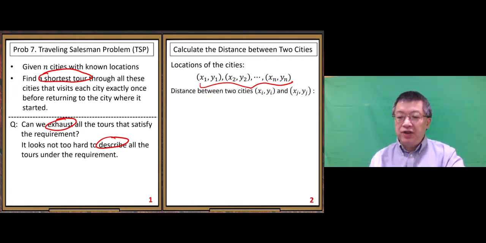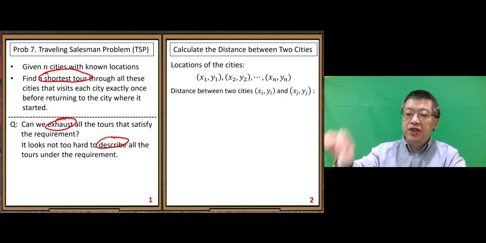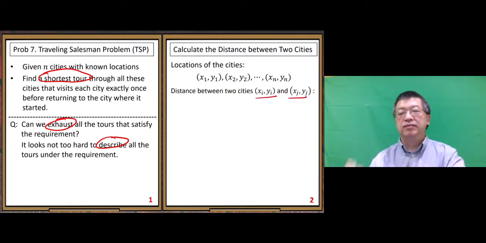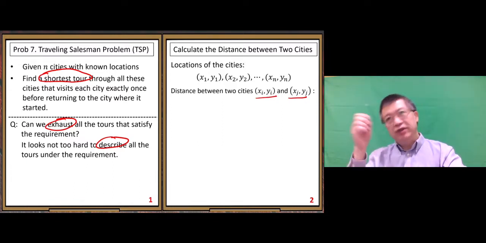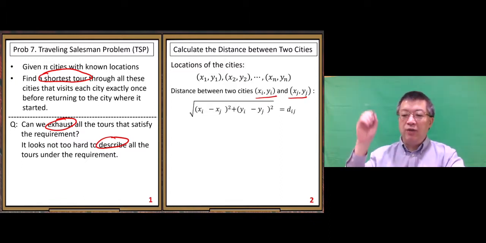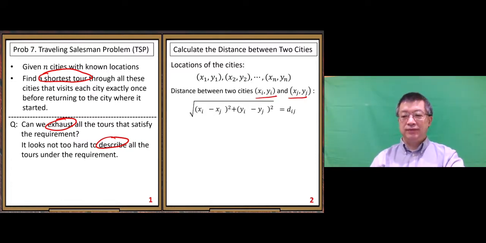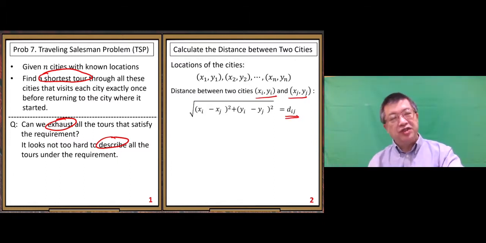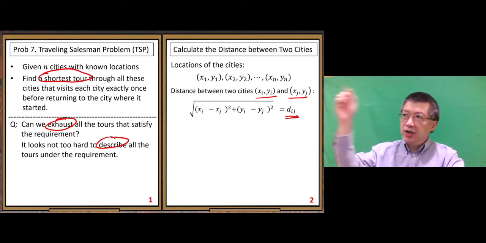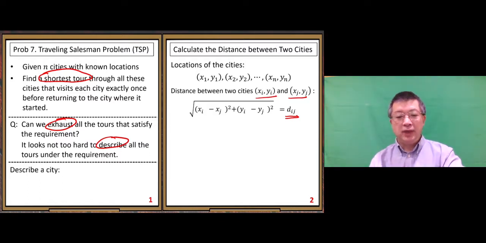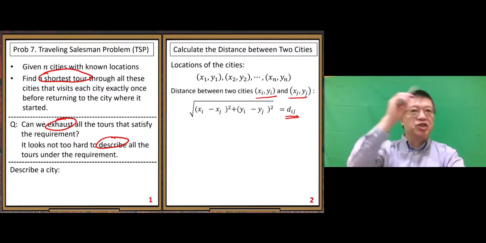How to find the distance between two cities with given coordinates? You should know the formula. Here, I just write the formula here, based on the Pythagorean theorem. So we use Dij to represent the distance between city i and city j.